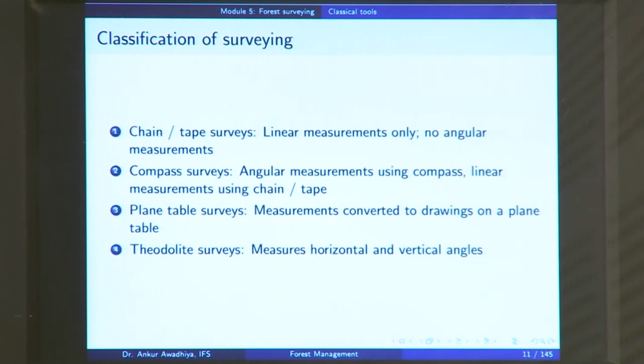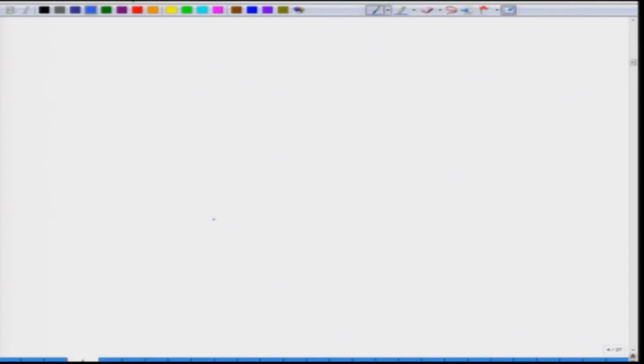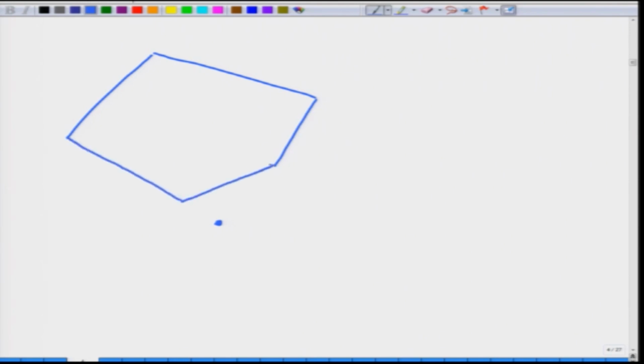So, what you are doing in a compass survey is that you are, say, standing at this location, and here you have your field that needs to be measured or surveyed. Now, you are taking just one position and you are measuring the angles with respect to the magnetic north.